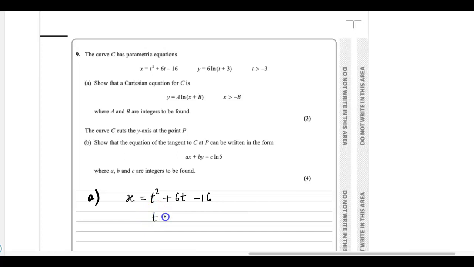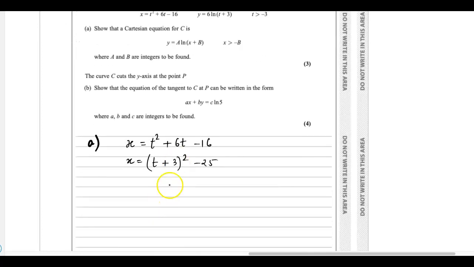So it would be t plus 3 squared, my bad, t plus 3 squared minus 3 squared minus 16. So minus 25. This is the x. So we have to find out t plus 3 because we have t plus 3 over here, if you can see. So t plus 3 is going to be square root of x plus 25.